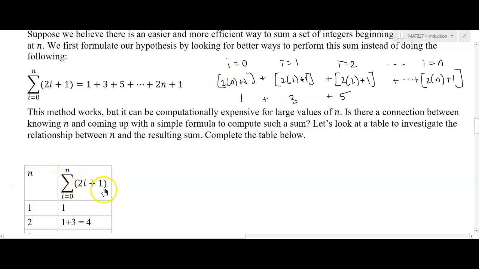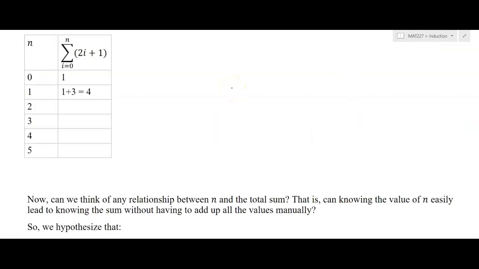So n starts off at, I should have said, let's start n at 0. So if i goes from 0 to 0, it's only going to list the first term. If i goes from 0 to 1, we're going to add 1 plus 3, which is 4. If n equals 2, we're going to add 1 plus 3 plus 5, which is 9.